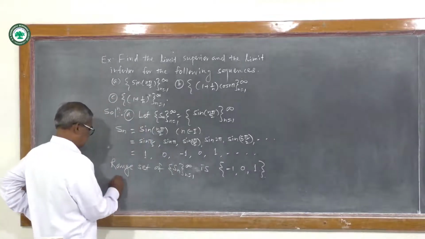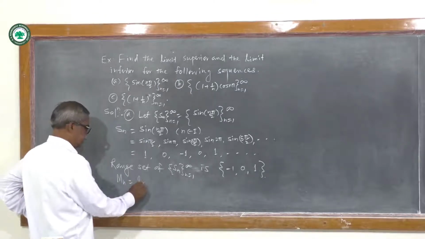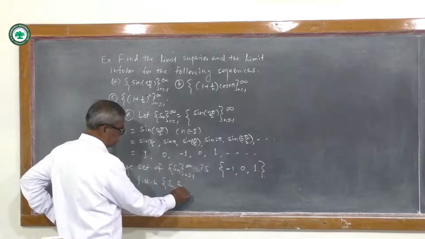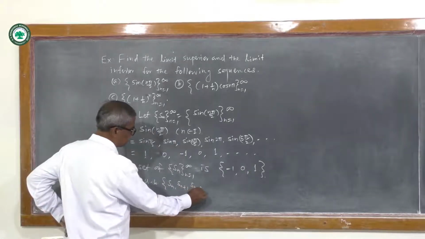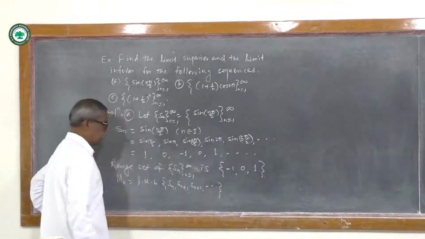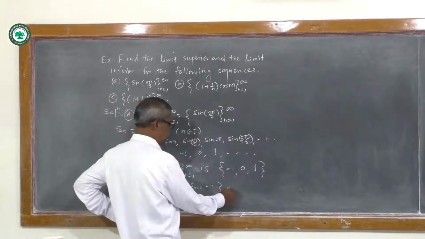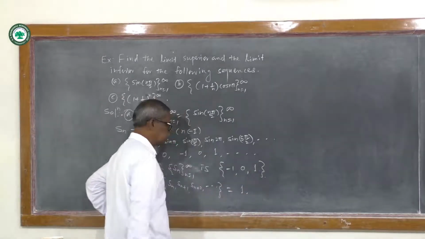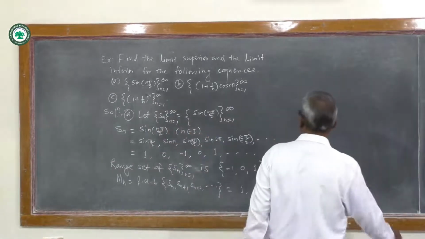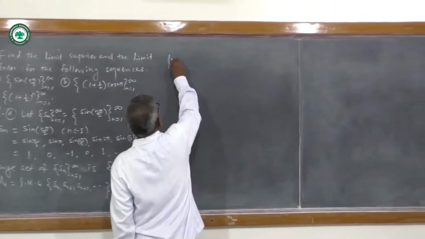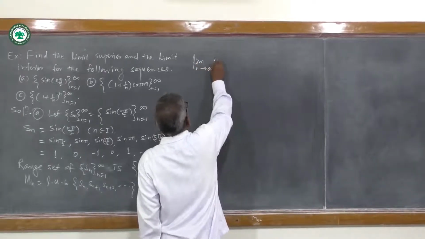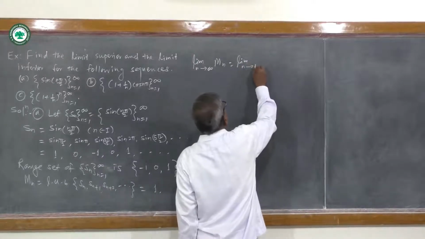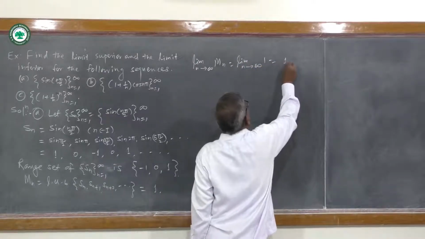Capital Mn is the least upper bound of the set Sn plus 1, Sn plus 2 and so on. The least upper bound of this range set is 1. Capital Mn is equal to 1. Limit n tends to infinity of capital Mn is equal to limit n tends to infinity of 1, which is 1.